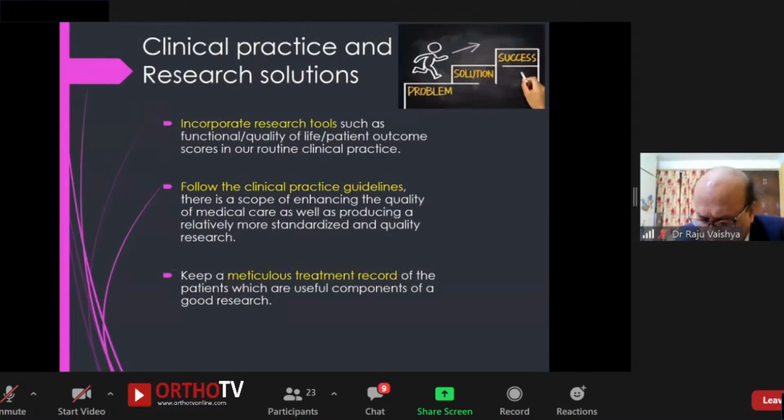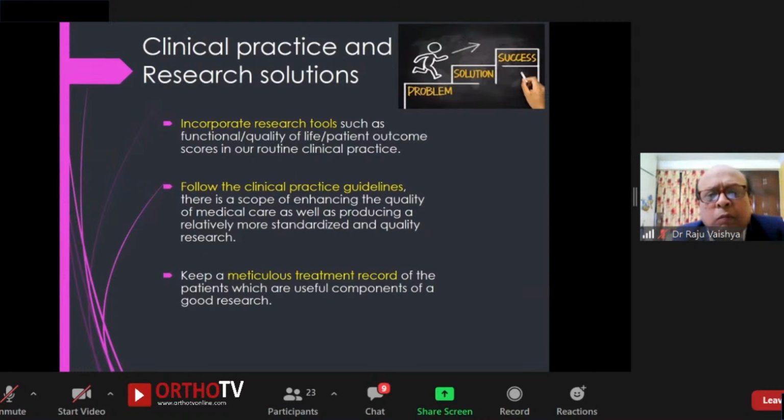So clinical practice and research and publication should go hand in hand, and you should make it a habit to have good record of your cases maintained in a suitable manner. You should follow good clinical practice guidelines.